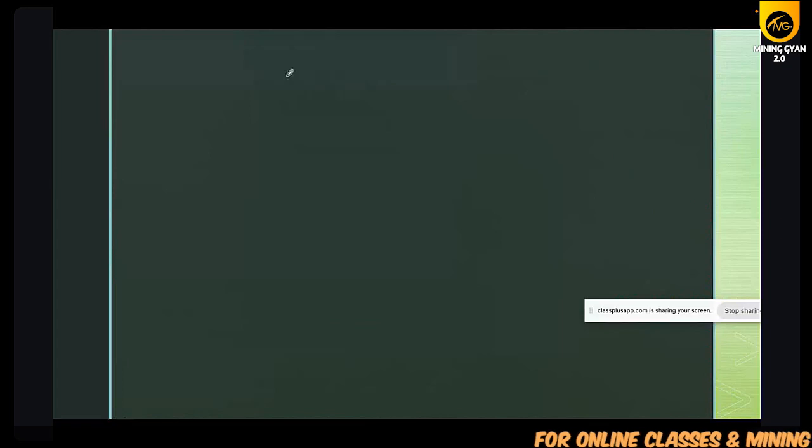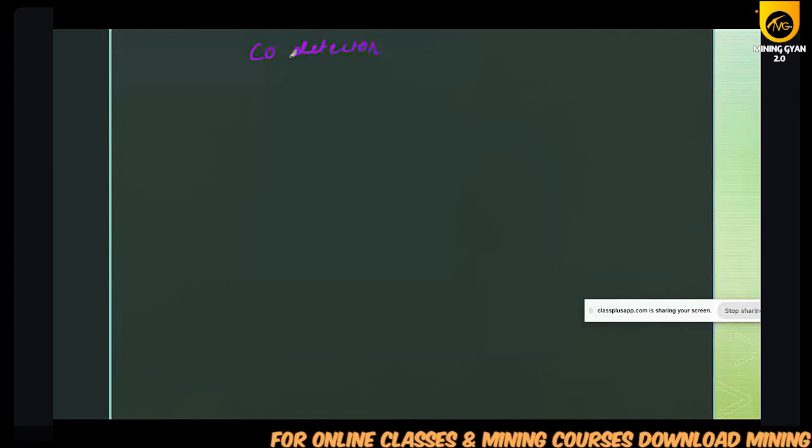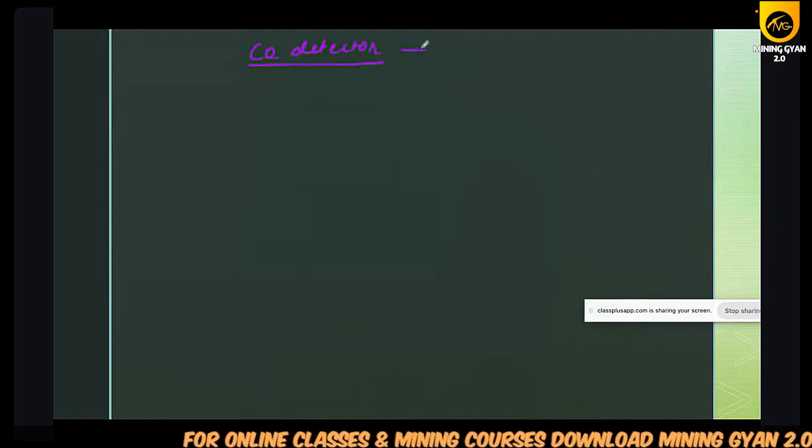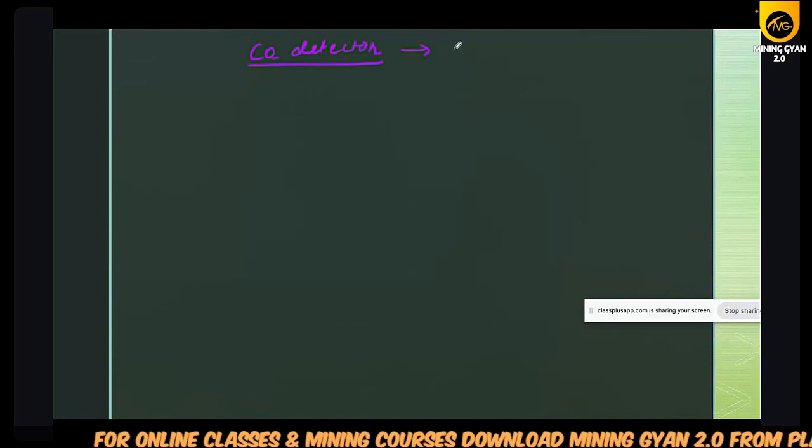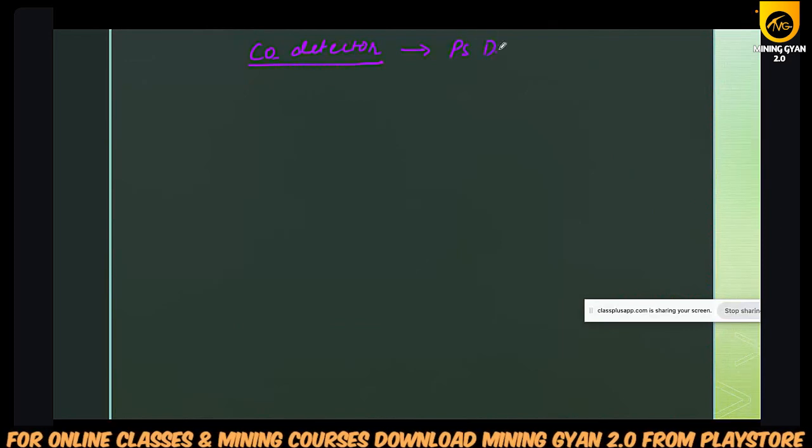So first, CO detector. We will see three. First is a PS detector, and we will also see Hopcalite.